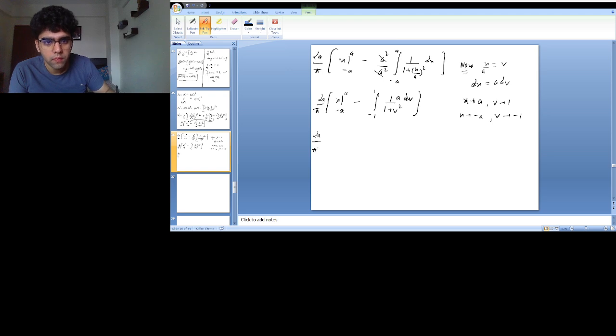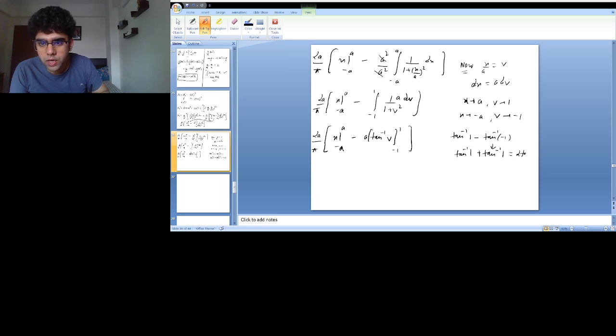2a upon pi, x from minus a to a. This becomes a tan inverse v, where a is the constant term, so I just took it out common, from minus 1 to 1, right? And this becomes tan inverse 1 minus tan inverse minus 1, and this is equal to tan inverse 1 plus tan inverse 1.